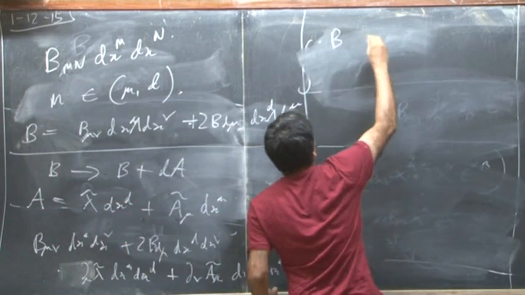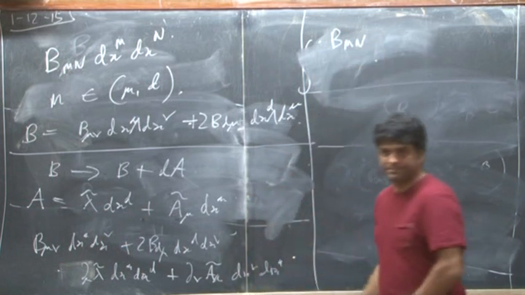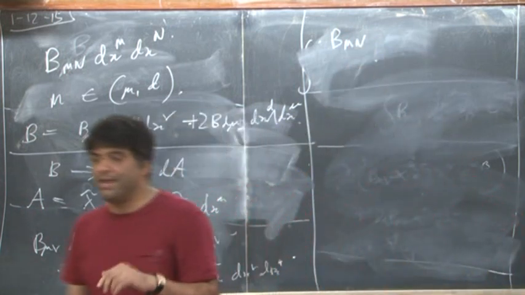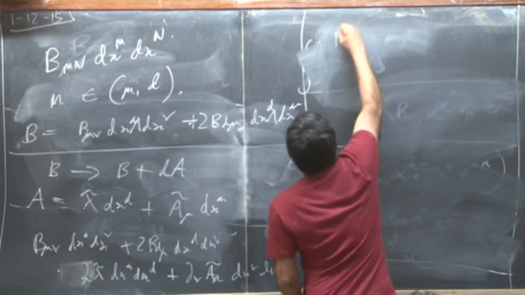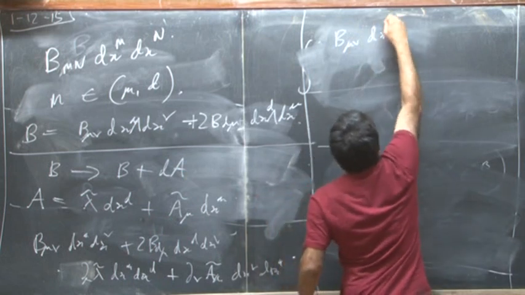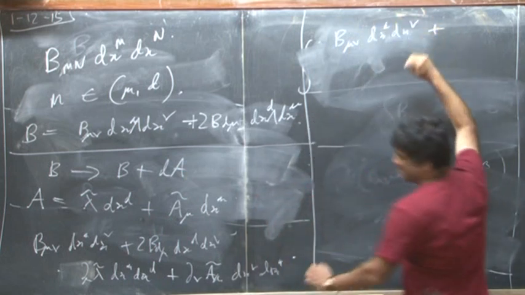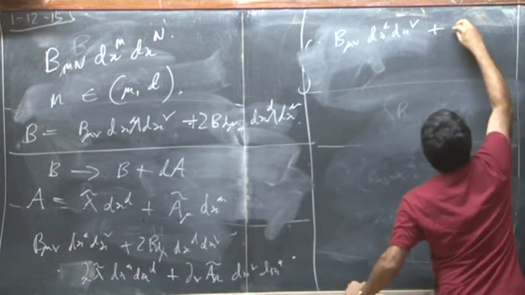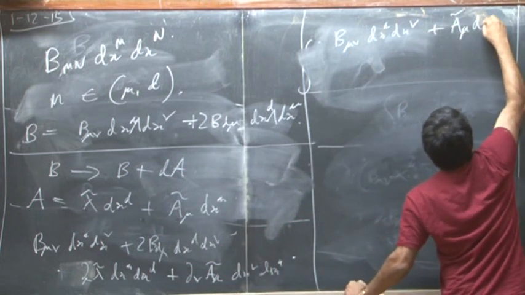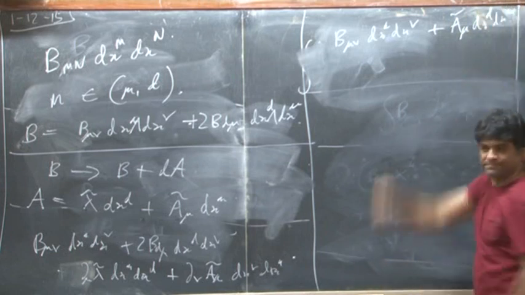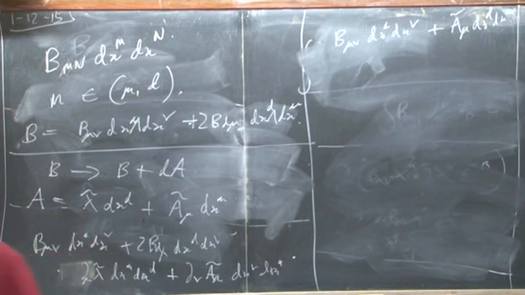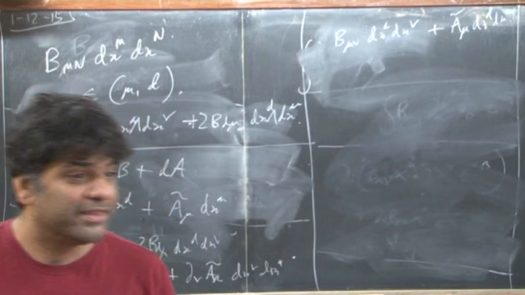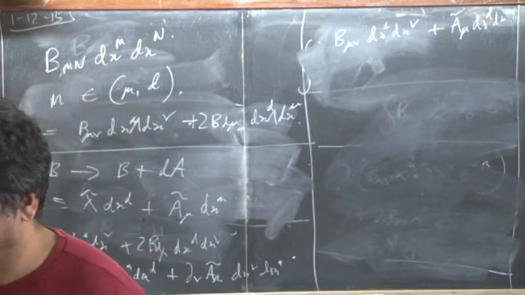Okay? So suppose we had B_MN, which we decomposed as B mu nu dx^mu dx^nu plus, with some normalization, I'll just call this A tilde mu dx^d dx^mu. This new gauge field, now I want to see how it transforms under the Kaluza-Klein gauge transformation.